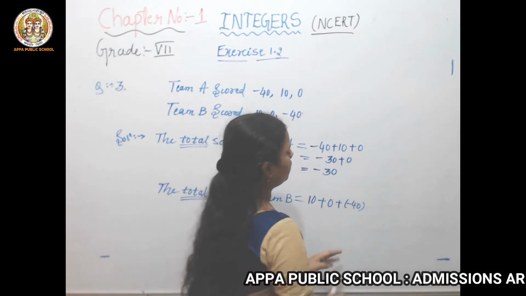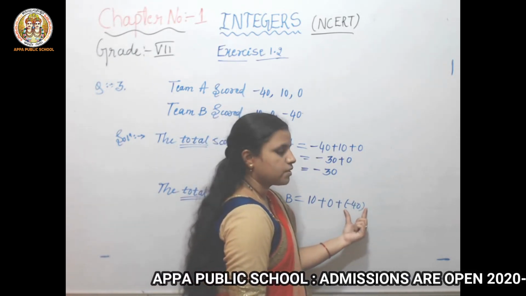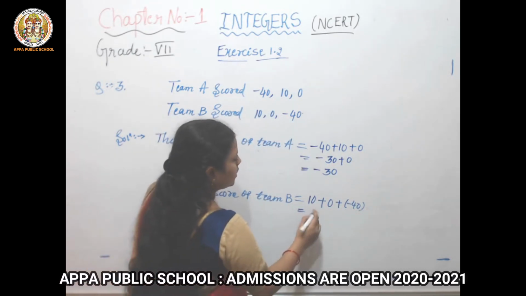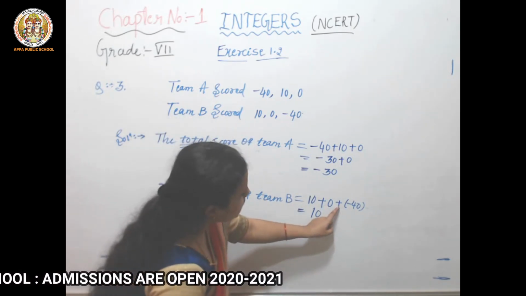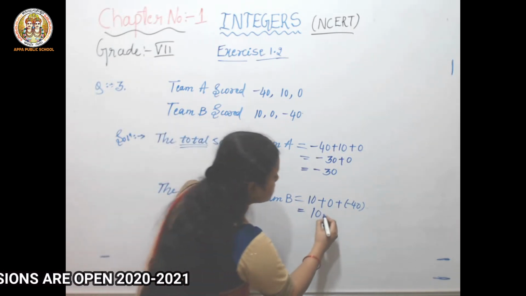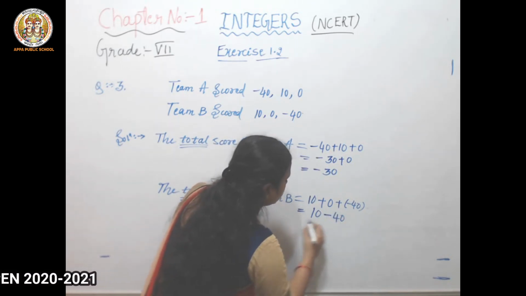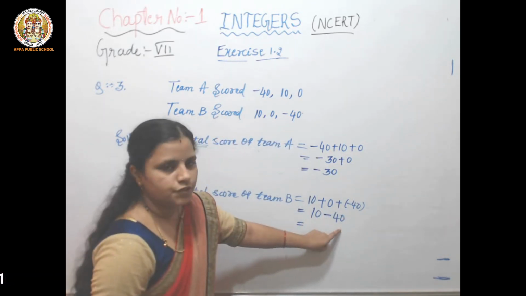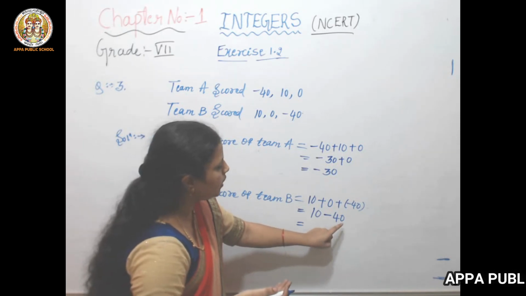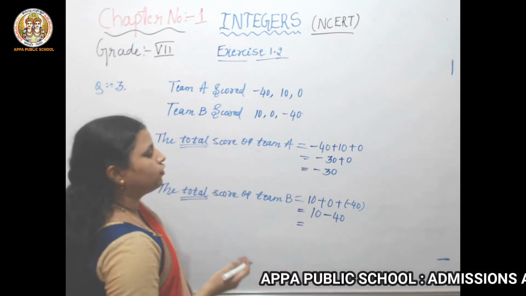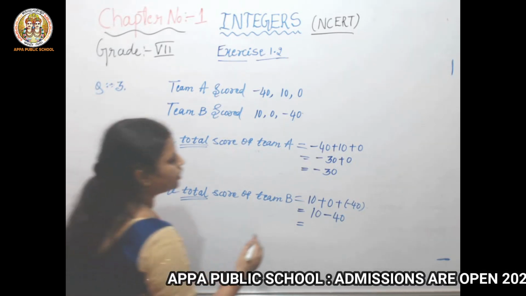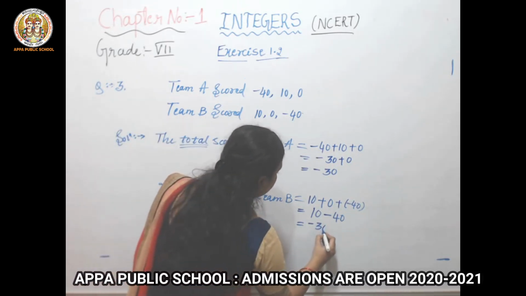Please, whenever you are having two signs, use the bracket. Now it is 10 plus 0, which is 10. Now here plus into minus is minus 40. 10 minus 40 is nothing but 40 minus 10, and the bigger number is 40, which is with the negative, so the result is also negative.